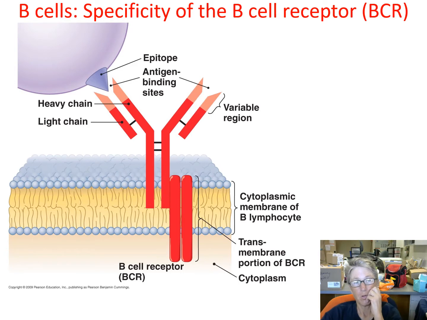So here's our cartoon. This is a B cell, so here's the B cell's phospholipid bilayer, and then here's the B cell receptor shaped like a Y, and then this is the transmembrane, so it's going across the cytoplasmic membrane. And then it's hooked onto the external part here.